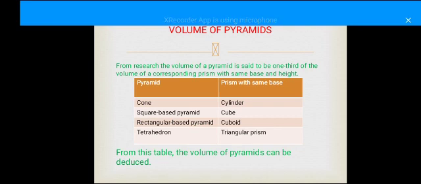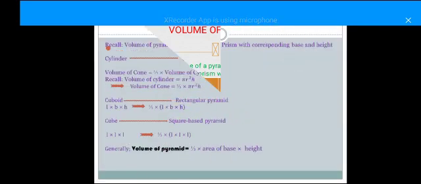The same thing with triangular prism, the base is as well a triangle. So from this we can deduce the volume of the pyramid. What it implies is that if you are in an examination situation and you forget the formula for calculating the volume of a particular pyramid, all you need to do is think of the prism that pyramid looks like.